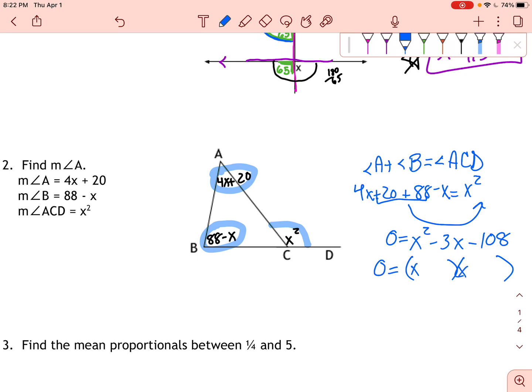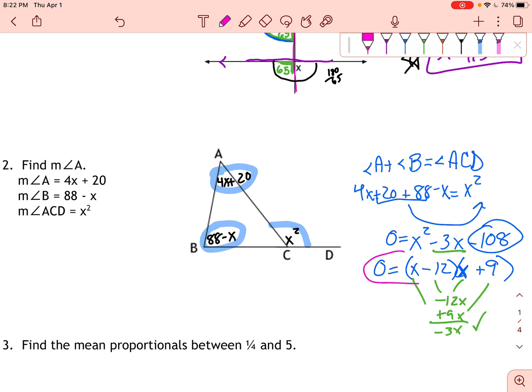X times x. What multiplies to make negative 108? Negative 12, positive 9. Check this to make sure. So this is a negative 12x. This is a positive 9x. And together when we add those up, it gives me that negative 3x that I need. So I checked it. These are my factors.